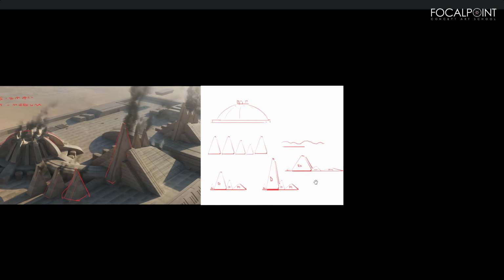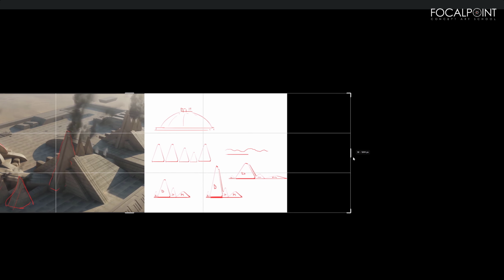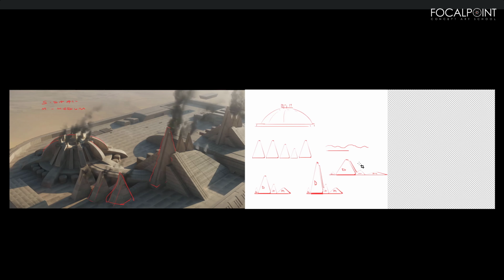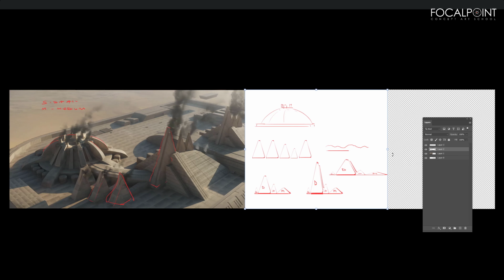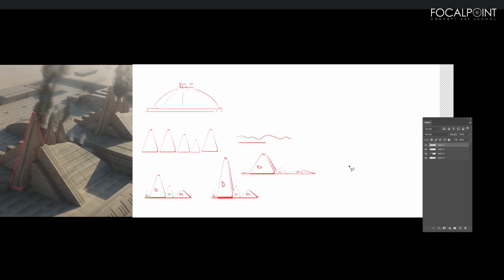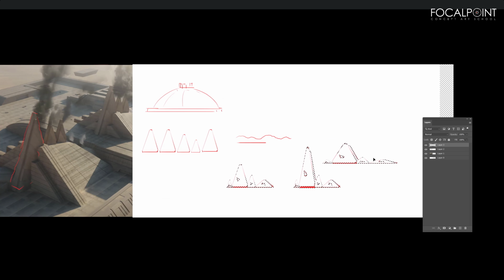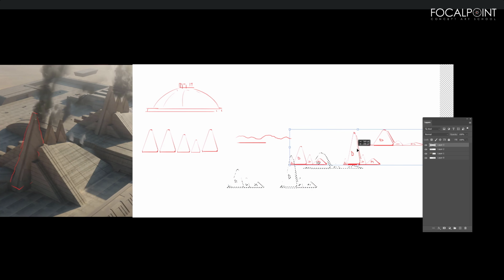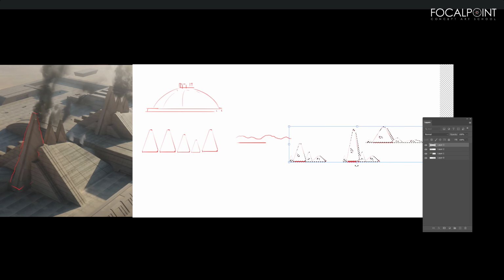I'm gonna get this a little bit wider again. So maybe just smaller it up. Right.